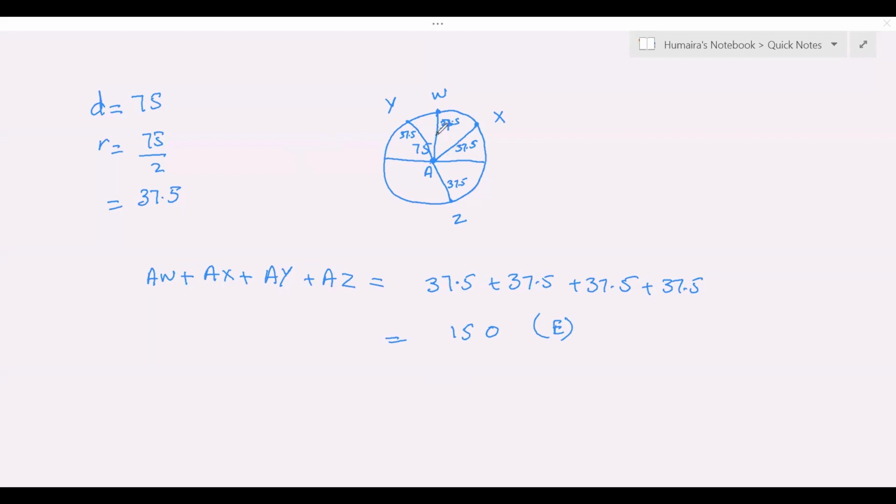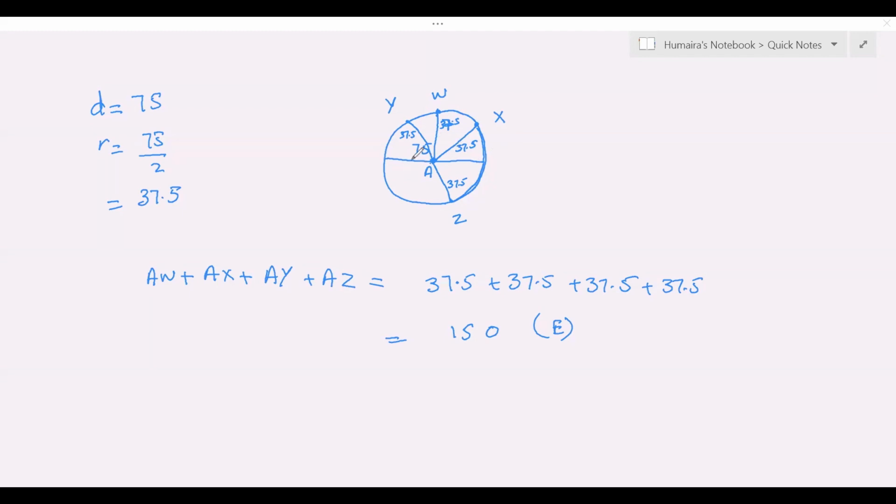No, in that case, if we consider XZ, it means now we are not considering the radius. Now we are considering the arcs. So in that case, the whole circumference of the circle should be given to us. Then we would be able to find the measurement between X and Z, so that we can take that number and add them together to get the answer.